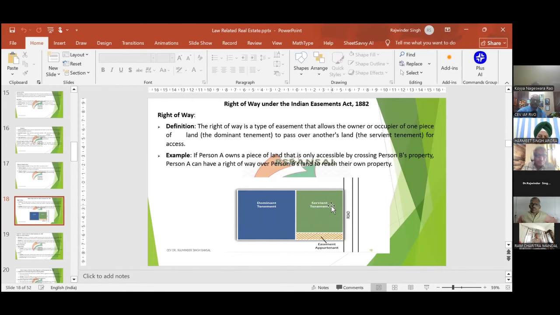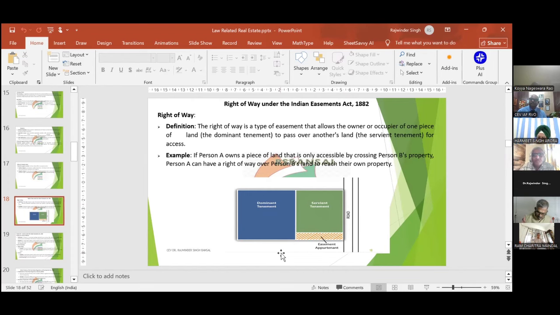The person on whose property this right is provided is called the servient owner, and the person who gets this right is called the dominant owner. So this is basically right of way.